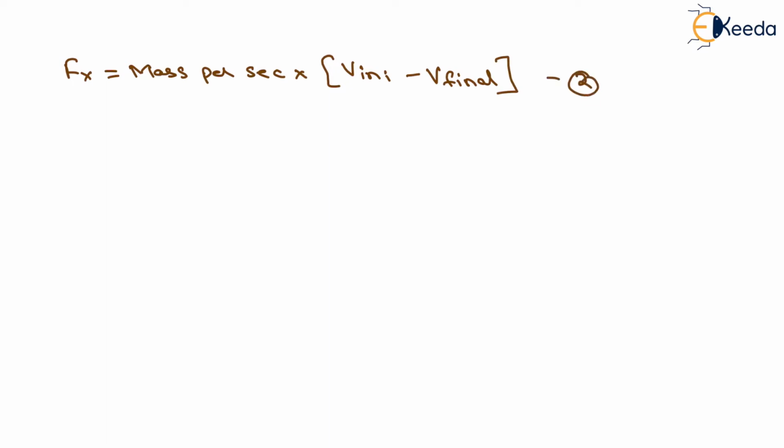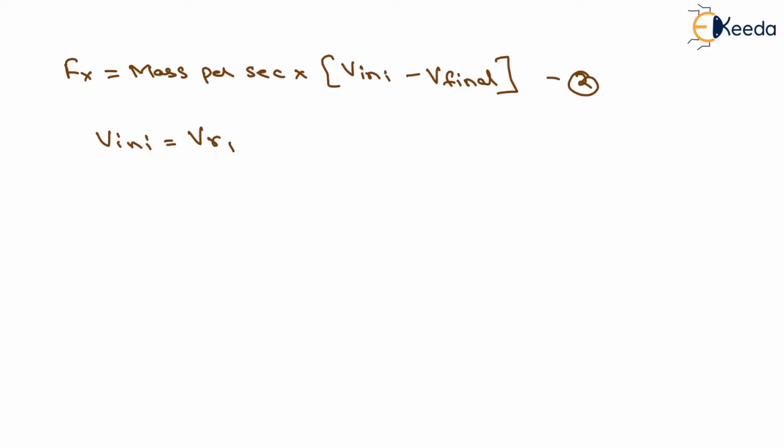Now the force exerted by the jet in the direction of motion, that is Fx, will be equal to the mass of water per second into the initial velocity with which the jet strikes in the direction of motion minus the final velocity of the jet in the direction of motion. That is our second equation. But the initial velocity with which the jet strikes the vane, V initial, will be equal to Vr1.